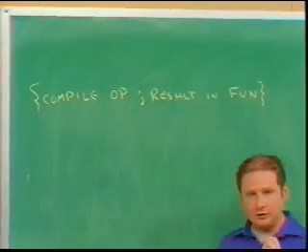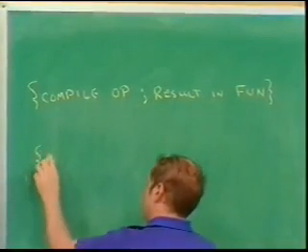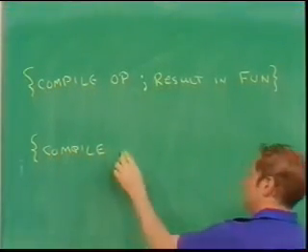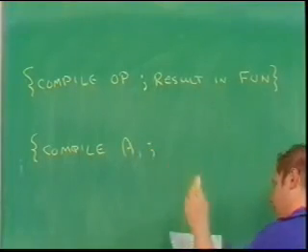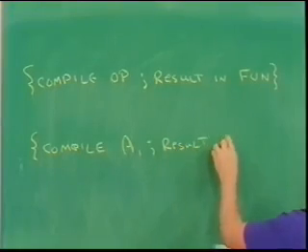The next thing it's going to do, another piece, is to say, well, I have to compile the first argument, so it calls itself recursively. And let's say the result will go into val.